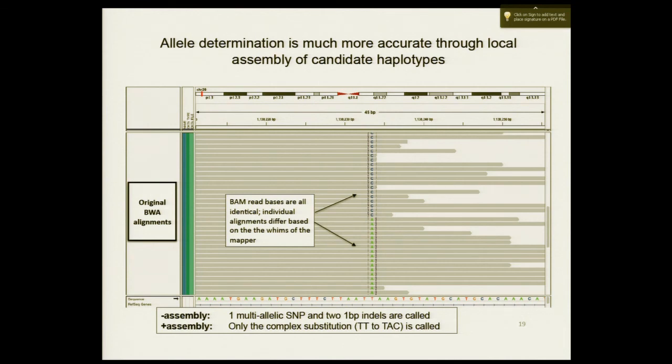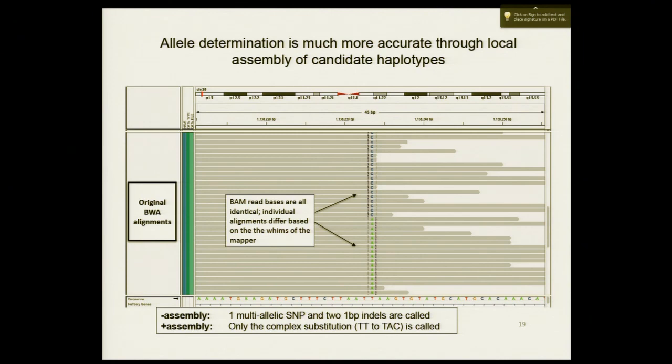You come to this site and you say, this is a crazy multi-allelic SNP, right? So you say reference goes to C or to A, and then you come to this site and you say that's a beautiful insertion. So you call 2 insertions and a multi-allelic SNP.